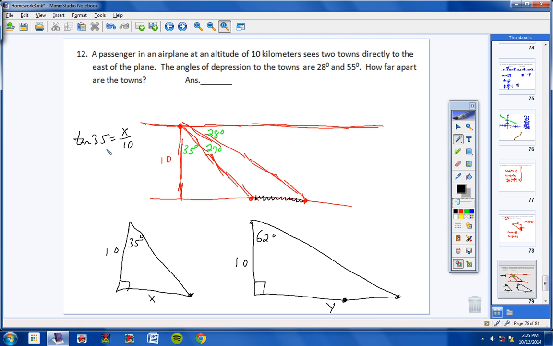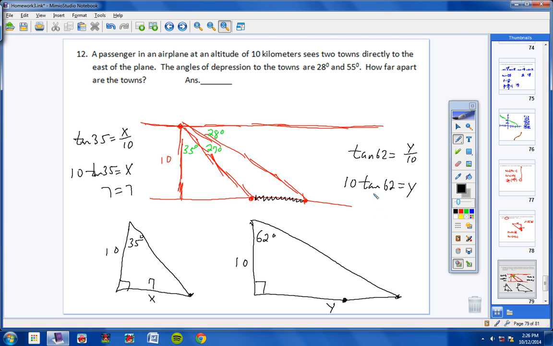Multiply both sides by 10. If you go ahead and solve that, 10 tangent of 35 equals x, you would get approximately 7. So from here to here is 7. Okay, now over here, if I said the tangent of 62 equals opposite over adjacent, multiply both sides by 10, I get this.